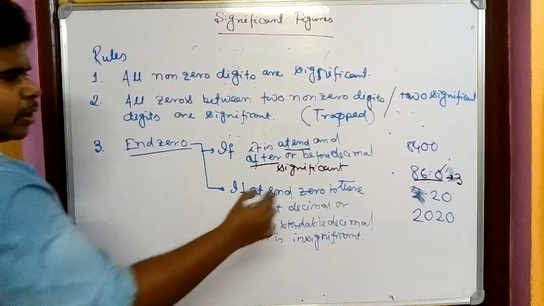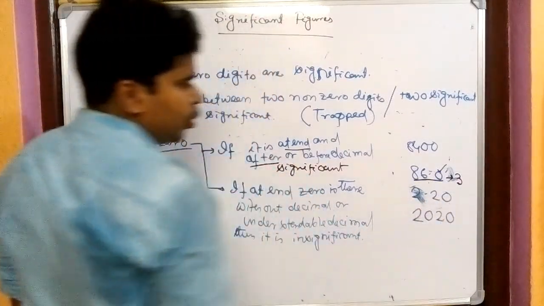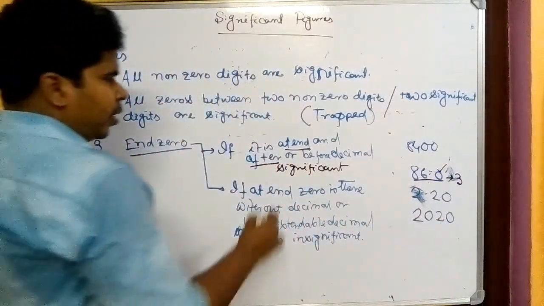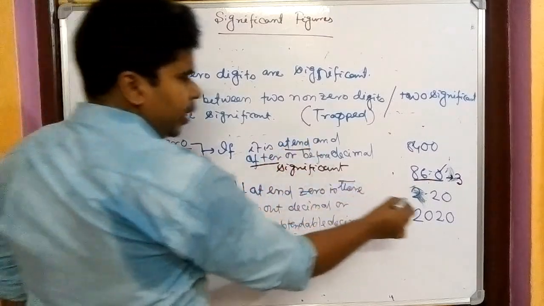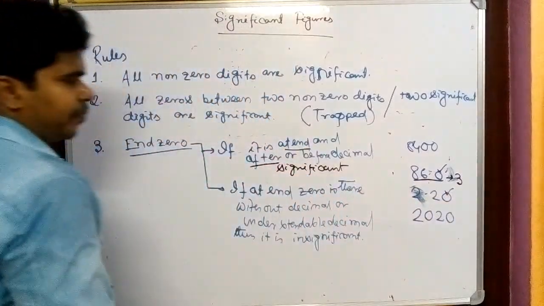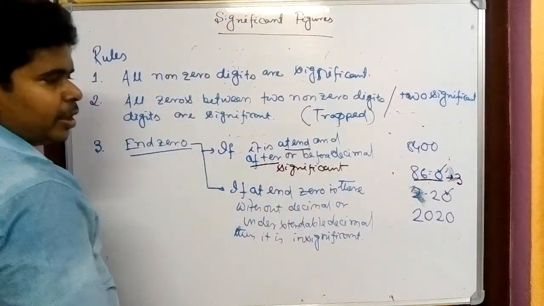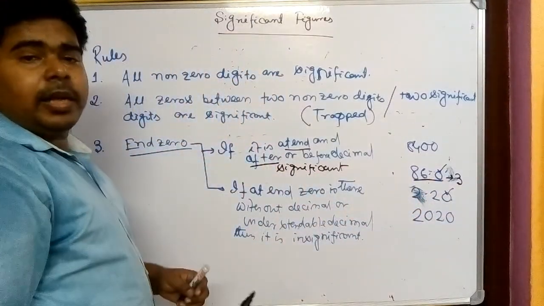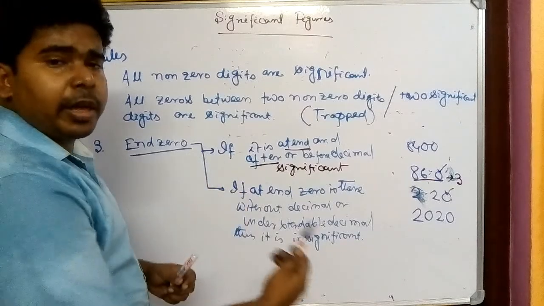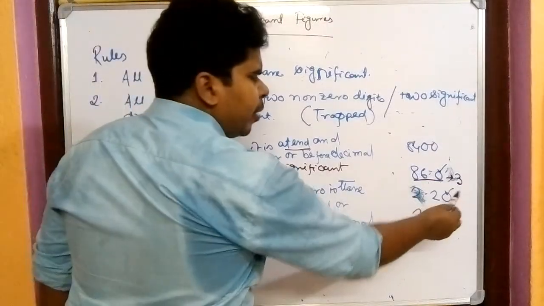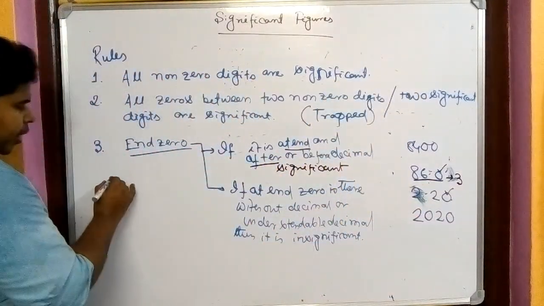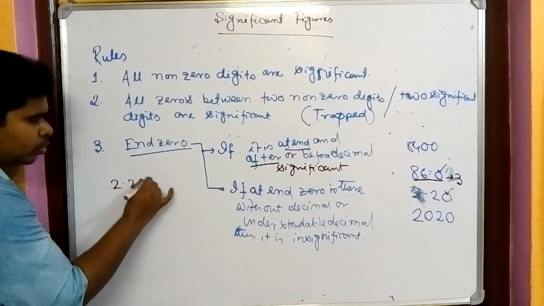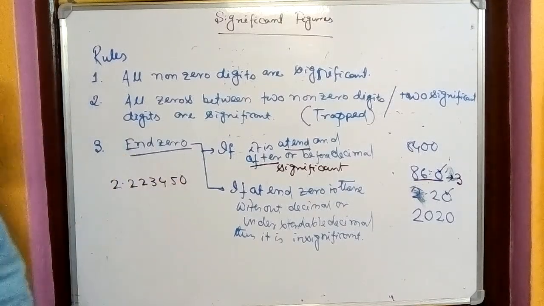If I am talking about the next number, 2.20, here you see the 0 is at the end, yes. Is it after or before the decimal? Yes, it is after the decimal. It is not saying that after means immediately after. After means it can be after any point. You can take it as 2.22345.